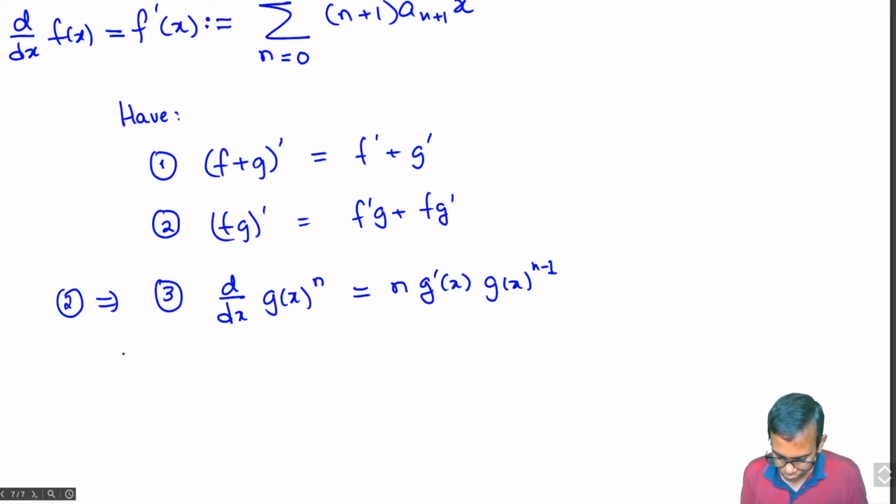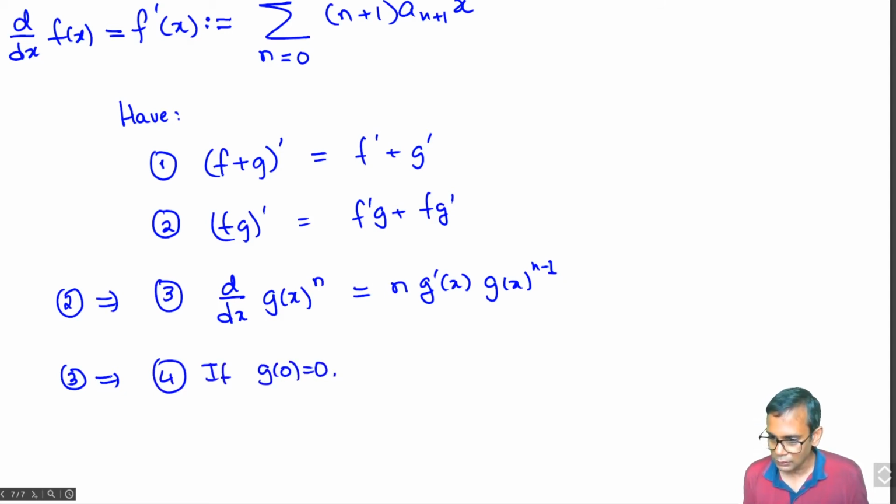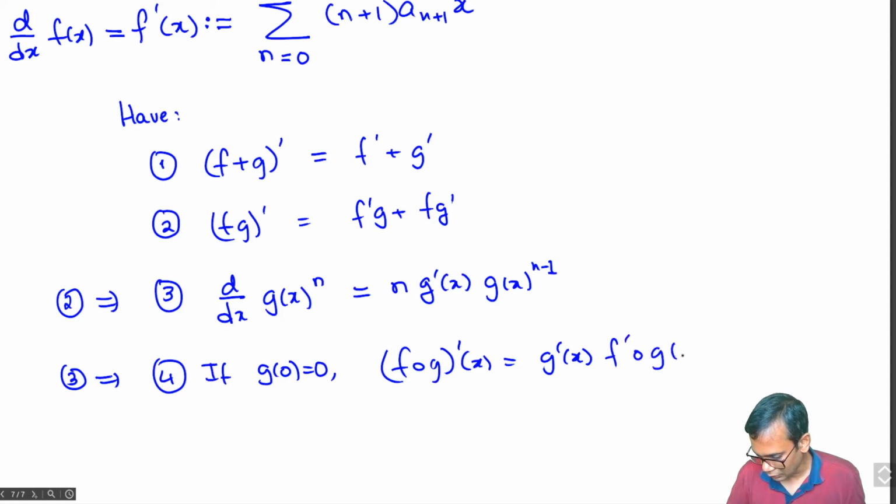And using this 3, you can get the chain rule for formal power series: if g(0) equals 0, then d/dx of f circle g, let's write it like this, (f circle g)'(x) is equal to g'(x) times f' circle g of x.